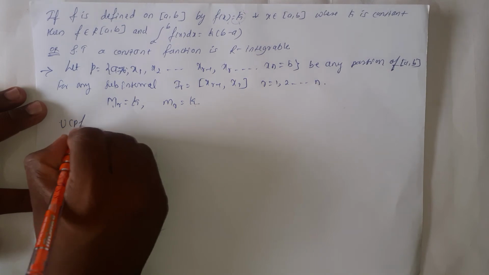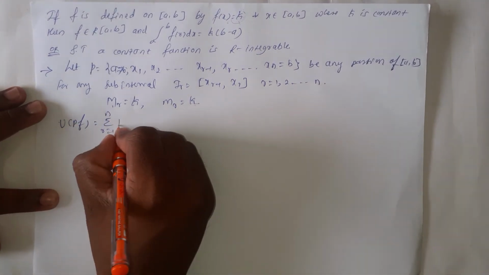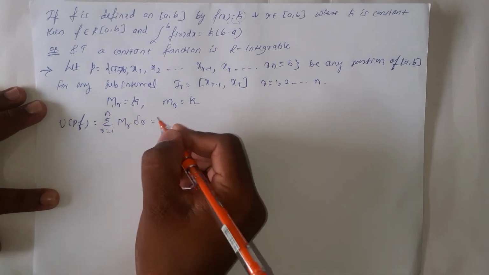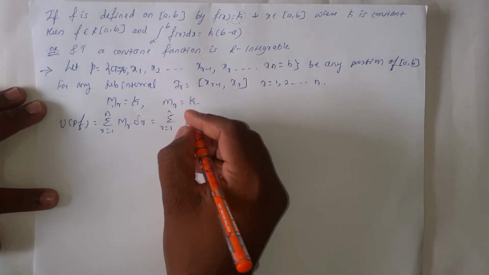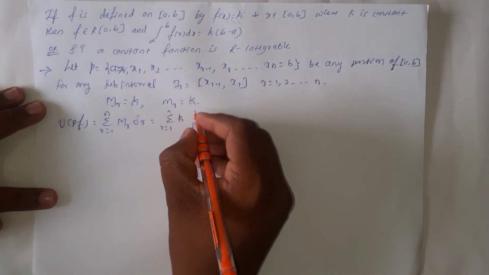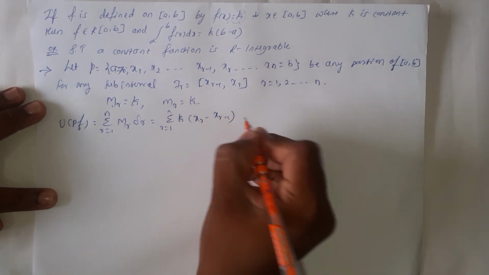Now UPF is equal to summation over r is equal to 1 to n capital Mr into delta r. So here summation over r is equal to 1 to n, Mr, that is k, and delta r is given by xr minus xr minus 1.